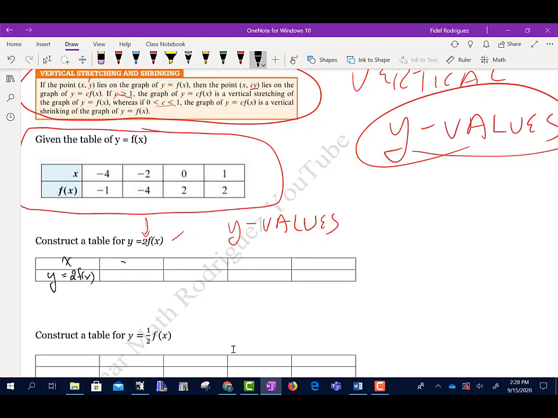My x values will stay -4, -2, 0, and 1. What am I doing to my y values? I'm multiplying each of them by 2. So this is -2, -8, 4, and 4. All I did is double each of them, right?